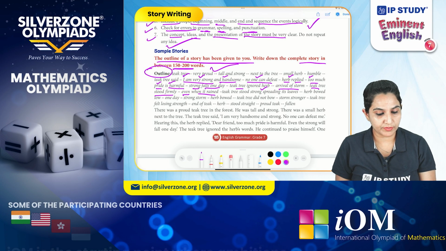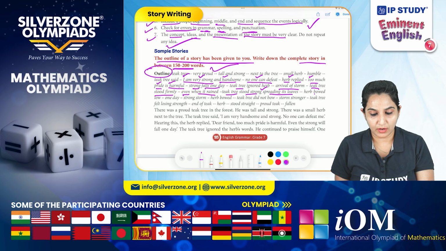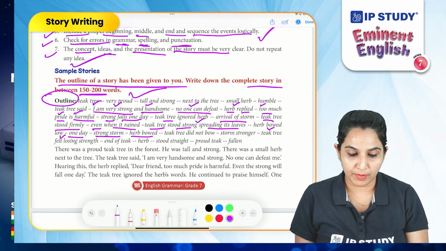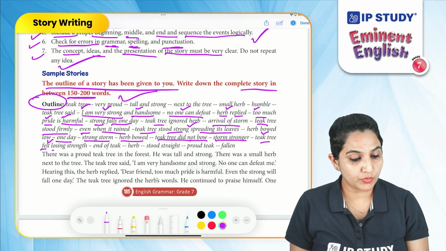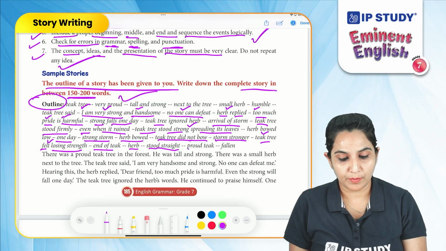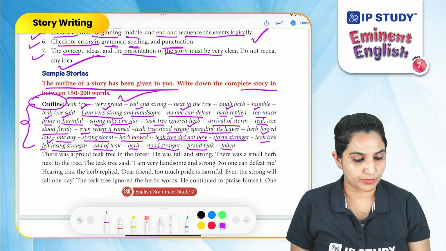Even when it rained, teak tree stood strong, spreading its leaves. Herb bowed low one day. Strong storm, herb bowed. Teak tree did not bow. Storm stronger. Teak tree felt losing strength. End of teak. Herb stood straight. Proud teak fallen.